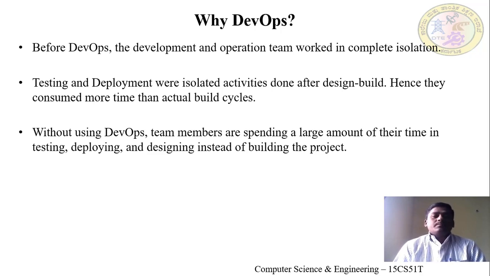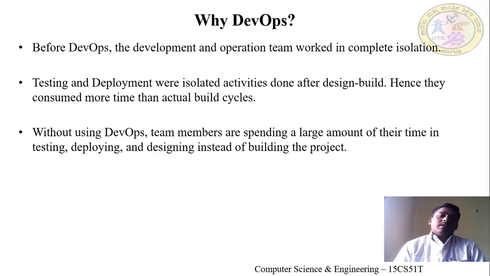Isolation in the sense that the software development team, testing team and management team do not communicate much within the organization. Each and every team works independently. At the end, they give the end product to the next stage.